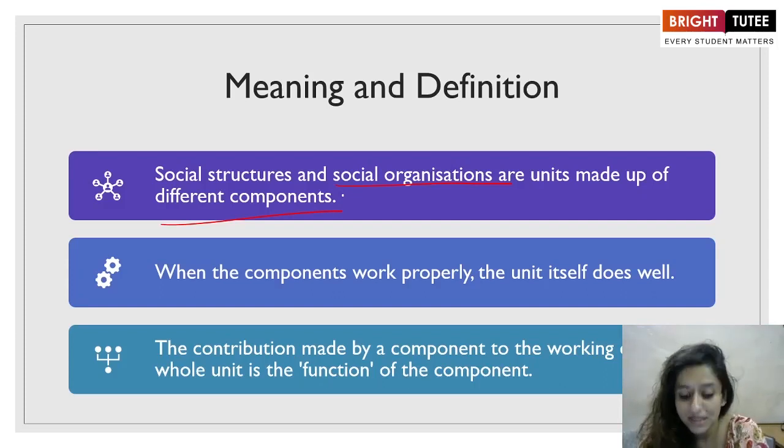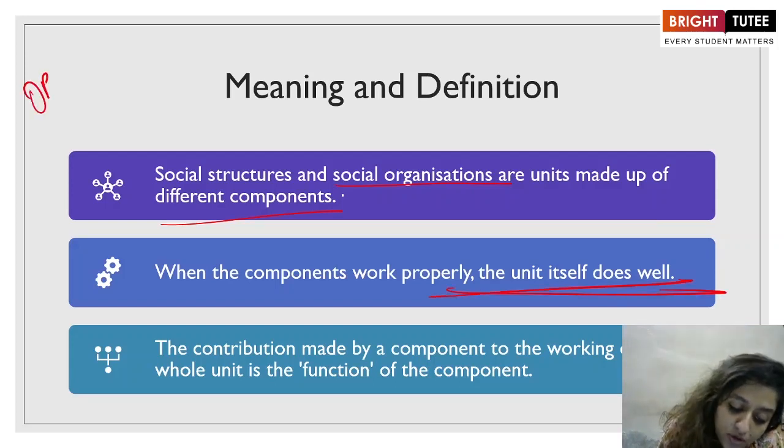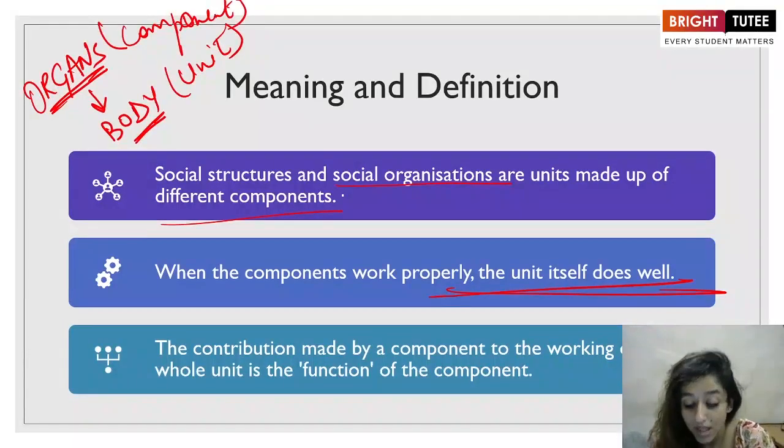Now, when these components work properly, the unit itself works. So, when all the organs in our body work properly, the body works properly. Organs being the components and our body being the unit, the contribution made by a component to the working of the whole unit is the function of the component.